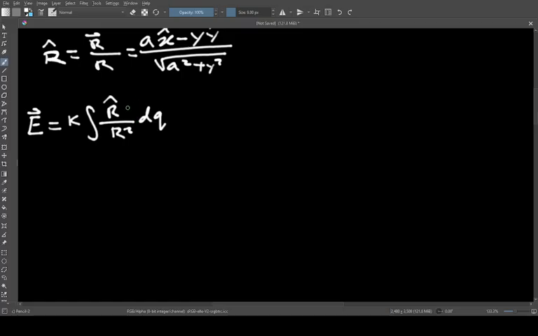Remember, we can't integrate this as is, so let's go ahead and substitute the expressions for r and r hat into the electric field integral. Bring out that r hat, and now you're left with 1 over r squared dq.